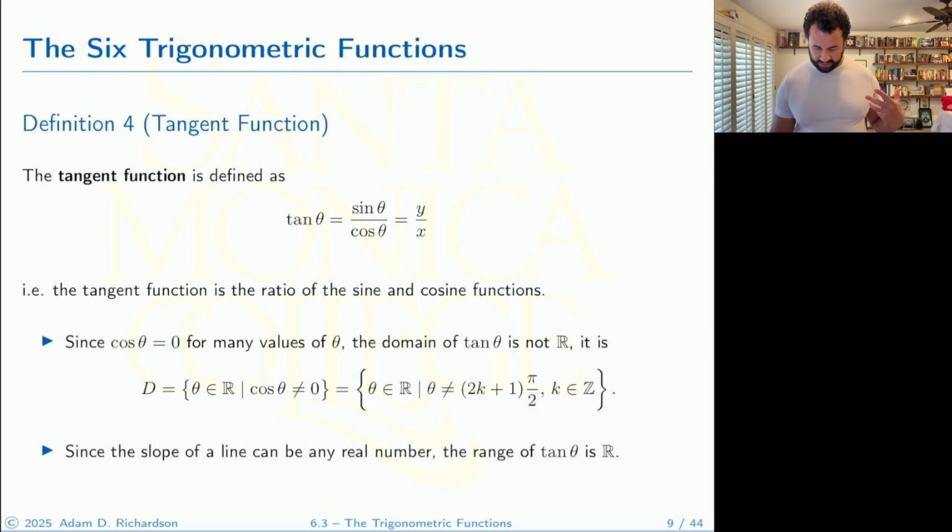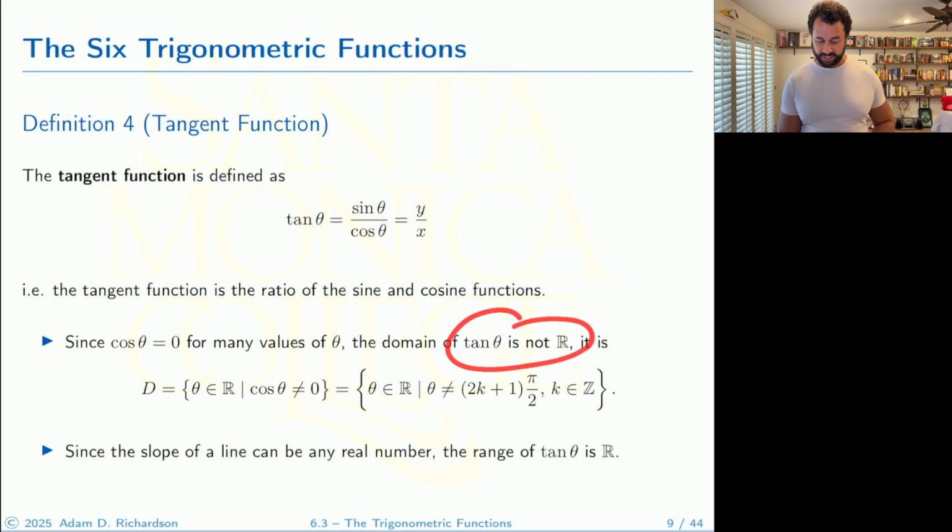Okay, now some details about this one. The domain is a little bit different in this case because cosine of theta could be 0. The horizontal displacement could be 0, and because we have a ratio here, we have to exclude all of the points where cosine of theta is equal to 0, right?